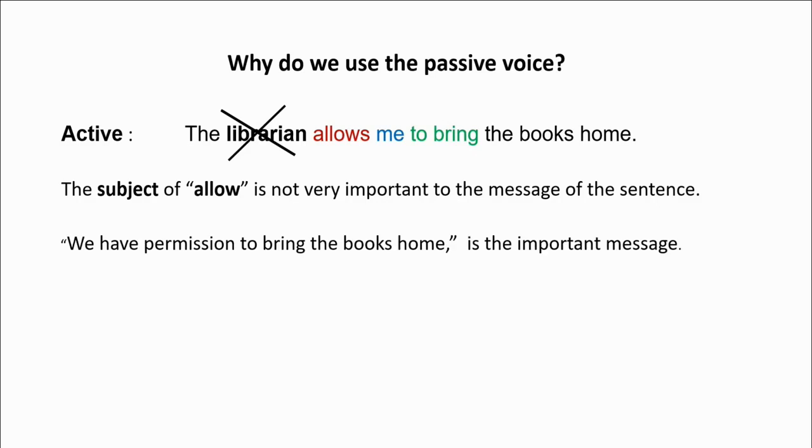So, we have permission to bring the books home is the important message here. That is why it is better to use the passive voice with this particular verb. So when we're talking about permission and allowing, this is more common.